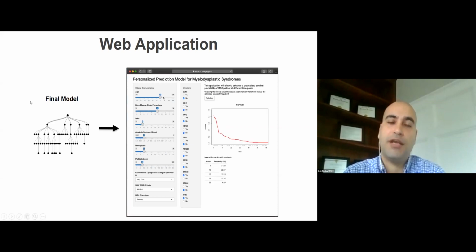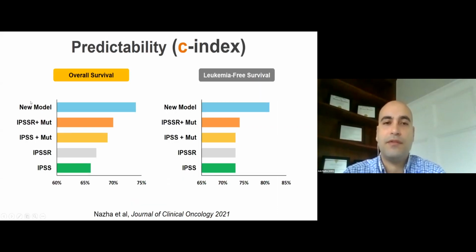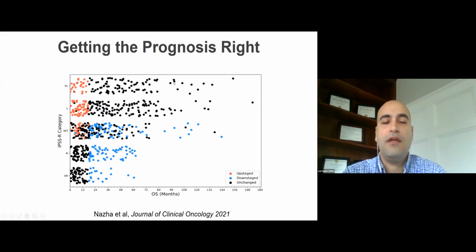What was also important is that this model significantly outperformed our current models, IPSS-R and IPSS, even when we added mutations on top of IPSS and IPSS-R, for overall survival and leukemia-free survival. The other important thing is how much the model is getting the prognosis right.